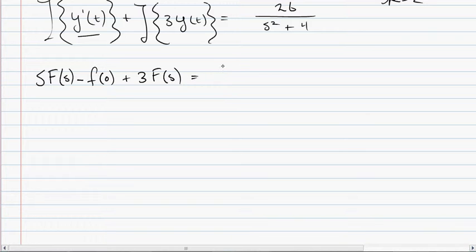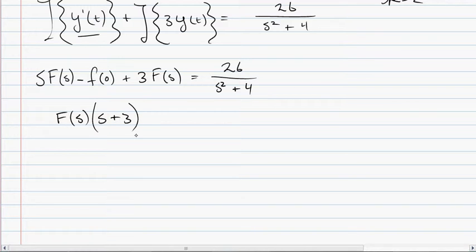And that's equal to 26 over s squared plus 4. So we will pull out the F of s. That's what we're trying to find in the end. And we get s plus 3. And we know that this is equal to 6.